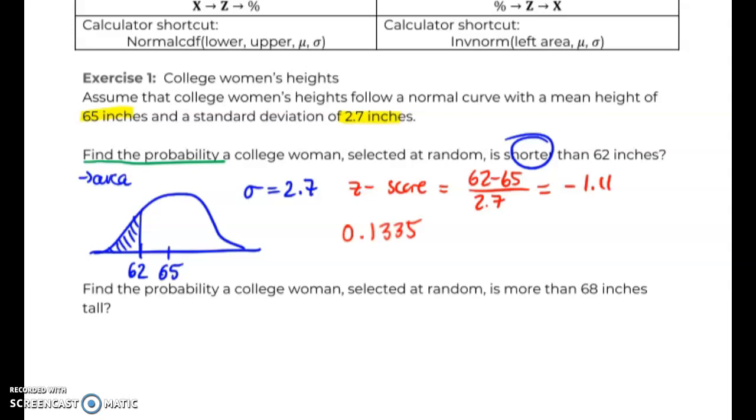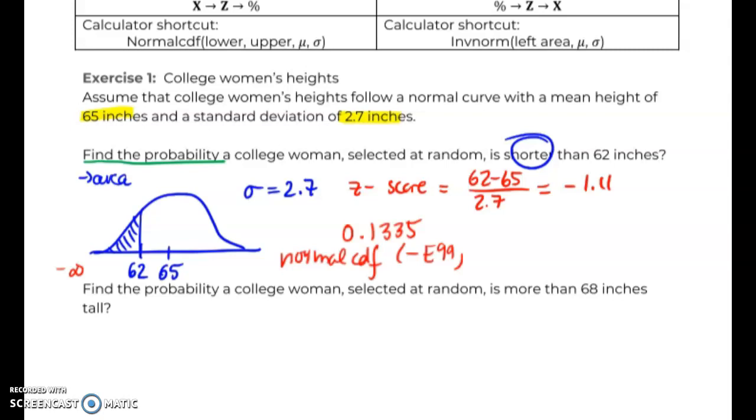On the TI-84, we're going to use the normal CDF function. For the normal CDF, we're always putting in a lower bound and an upper bound, or a lower value and an upper value. Since we don't know where this area starts, we're going to start at negative infinity, which is negative E99.